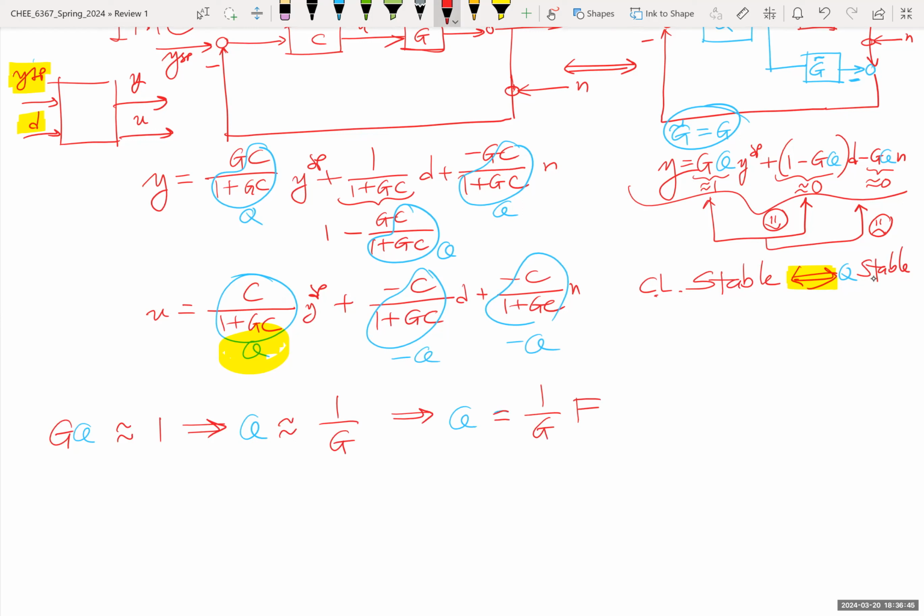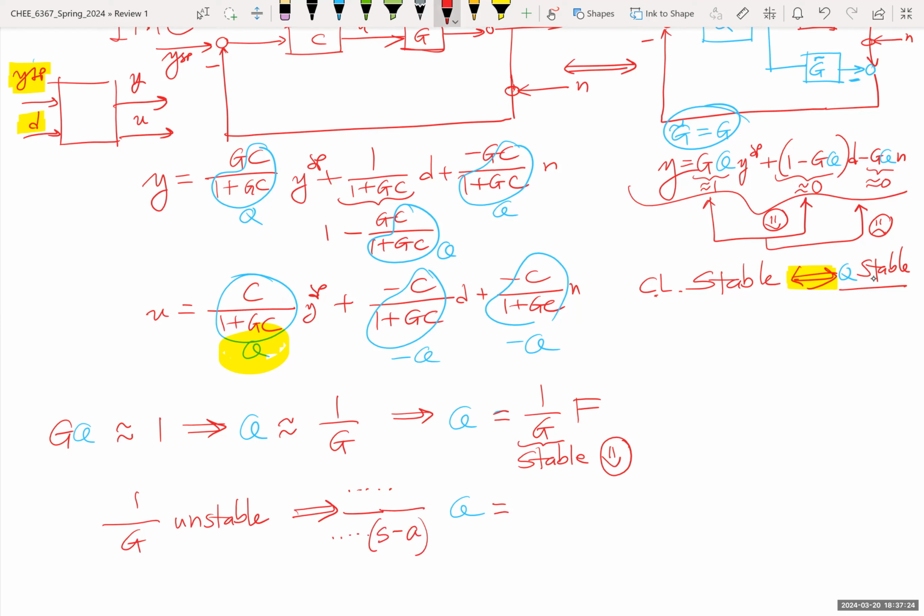If 1 over G is unstable, well, then make Q... if it's unstable, it has things in the numerator, and the denominator has s plus a, or let me say s minus a, it doesn't matter, a is a number.